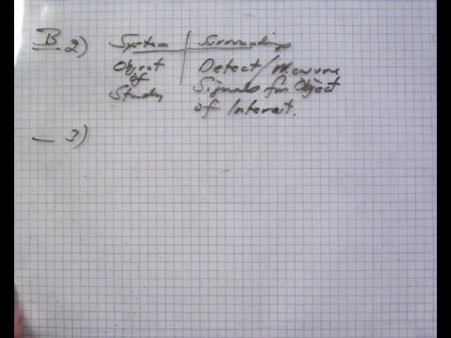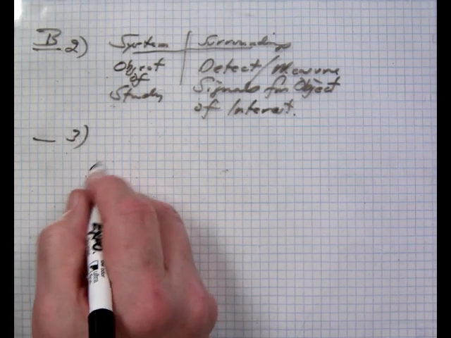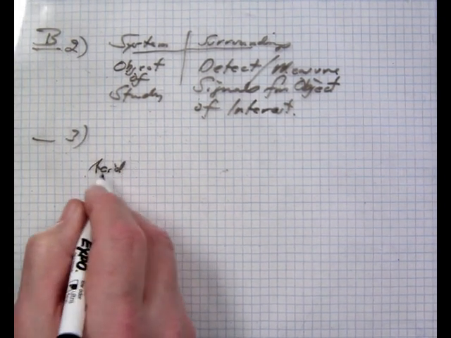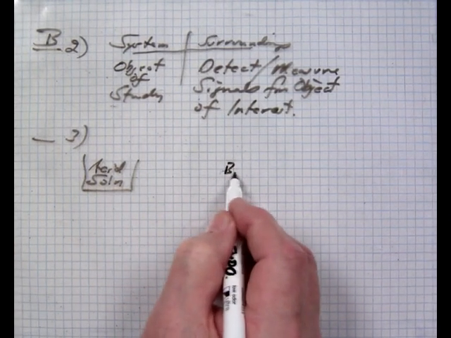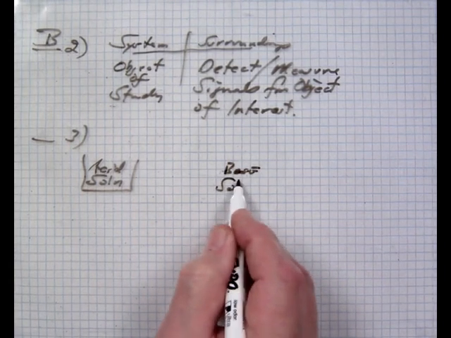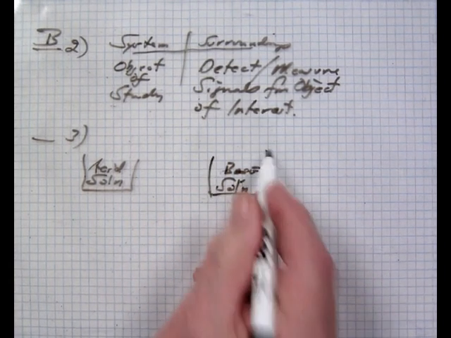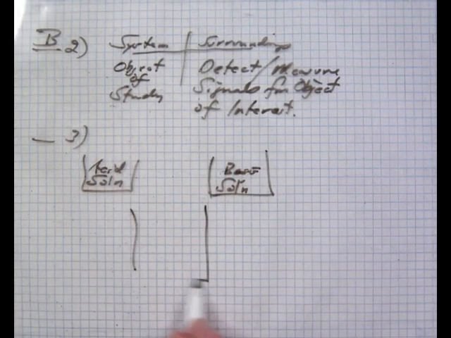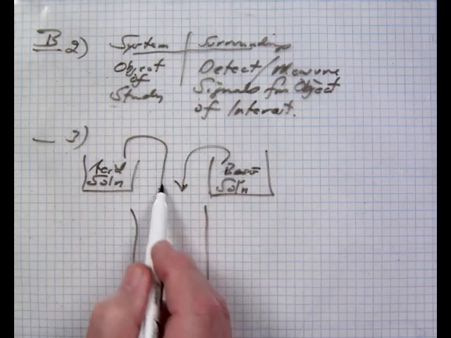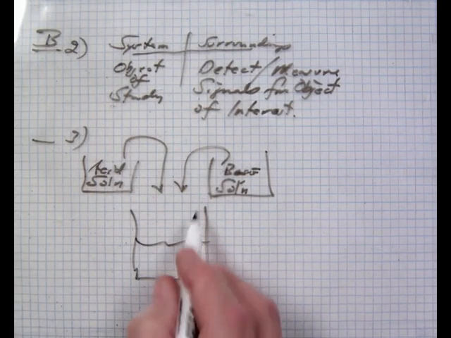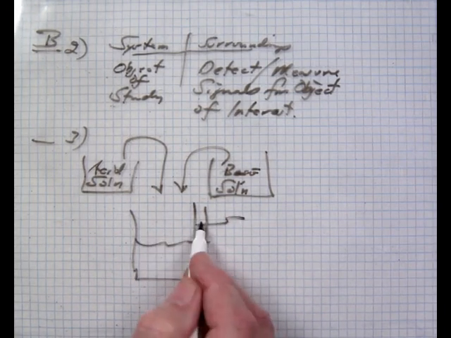Okay, number 3, a reaction is conducted in a solution phase. Let's say we have an acid solution, and we have a base solution, and then another beaker, and here's our reaction, and so we pour these in here, and we've got, say, a thermometer in here.